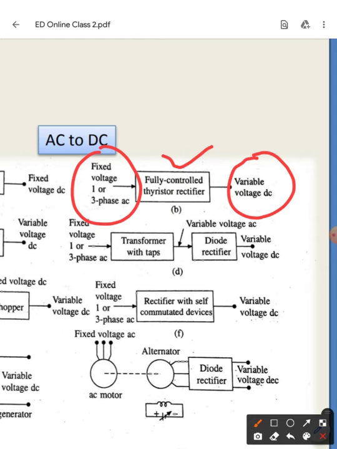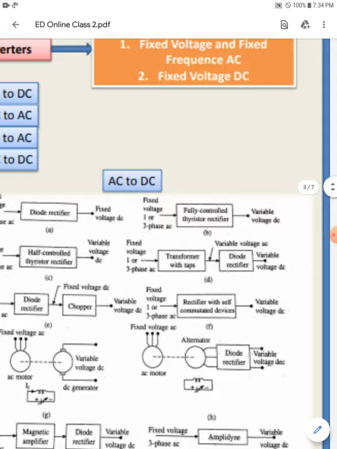All these rectifiers, inverters, choppers and voltage regulators we have studied in power electronics. So these are the applications in the electrical drive system.